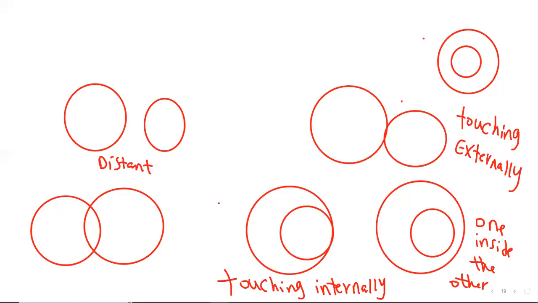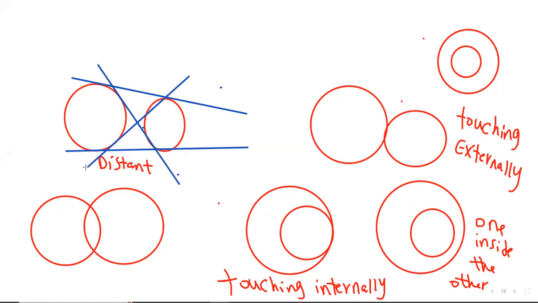How many common tangents do two distant circles have? We can draw 1, 2, and 3 here, and 4 here. So we have 4 common tangents. If the two circles are intersecting circles, you will get 2 common tangents.